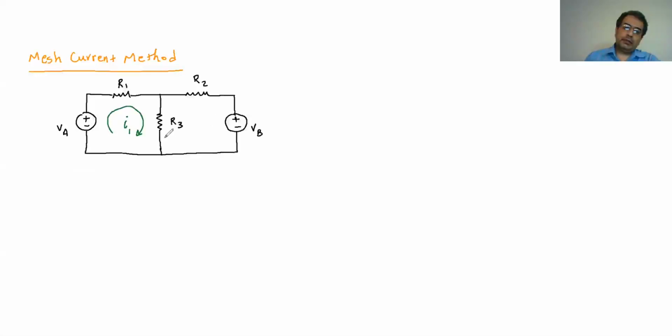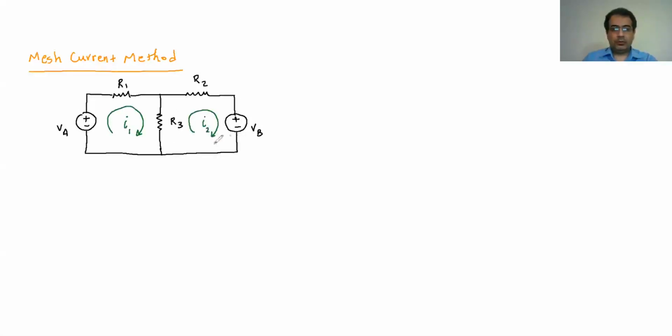Then go to the second loop and do the same thing. So assume this is the loop I have, and this is the only loop I have, and I want to assign the current and the direction of current in that loop. So I would say, okay, I assume again the current rotates clockwise, and the current in the second loop is going to be I2, whatever it is.